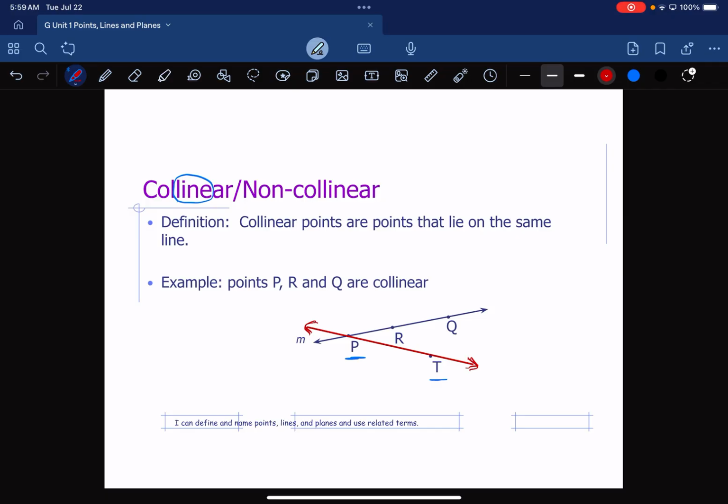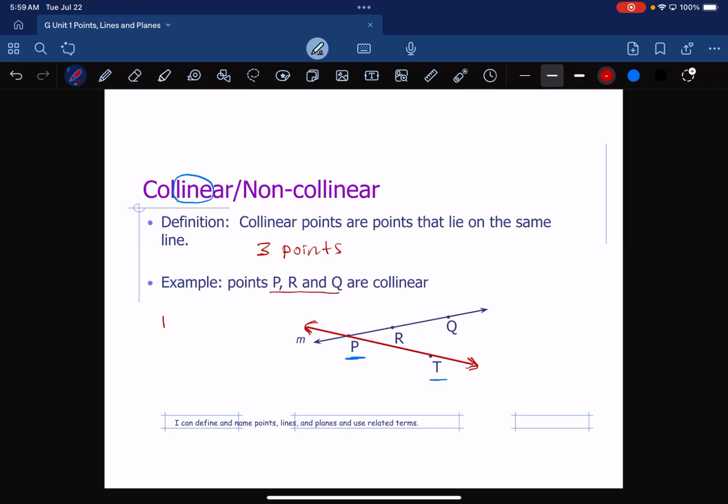When you say collinear or non-collinear, it usually involves 3 points. So you're always discussing 3 points. So in this case, what 3 points are collinear? Well, P, R, and Q are collinear. They're on the same line.